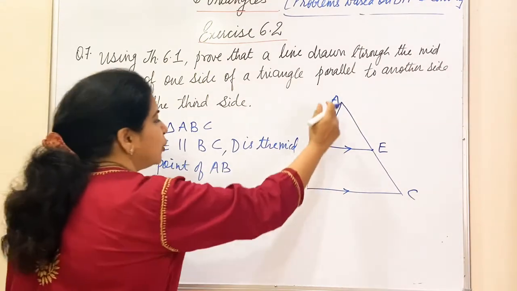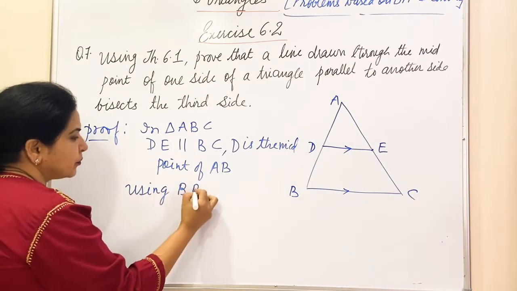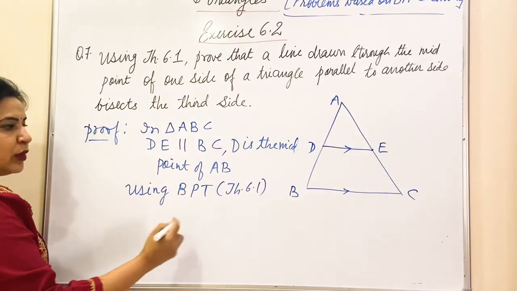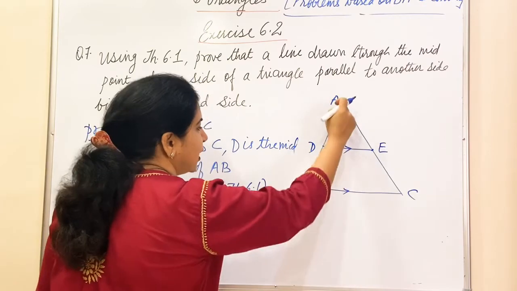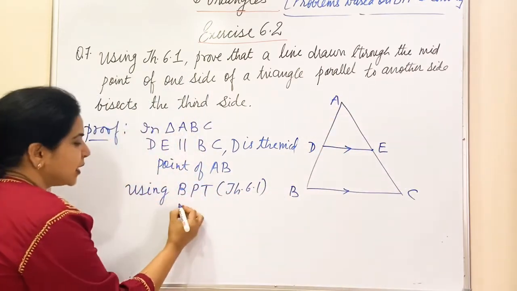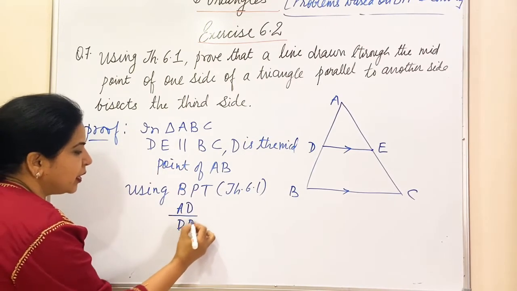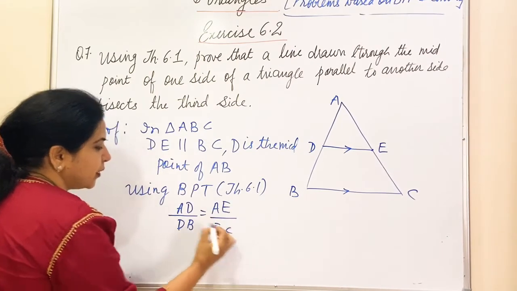So using BPT, using theorem 6.1, we know that if a line is parallel to one side of a triangle, it divides the other two sides in the same ratio. That is, AD upon DB is equal to AE upon EC.